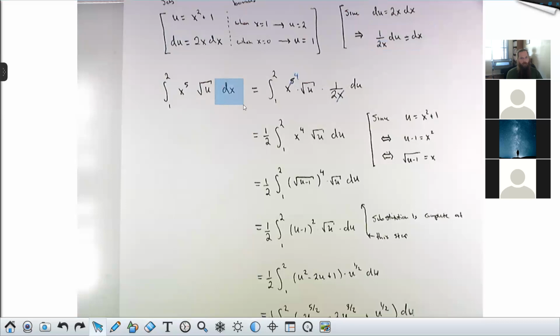So this piece right here became 1 over 2x du. This x canceled one of the x's from x to the 5, and that knocked the power down to x to the 4. It's a sneaky thing, but it's definitely important here. In fact, if not for that, we would have been in some real trouble. The fact that this power is even is important for getting rid of the square root in this step.